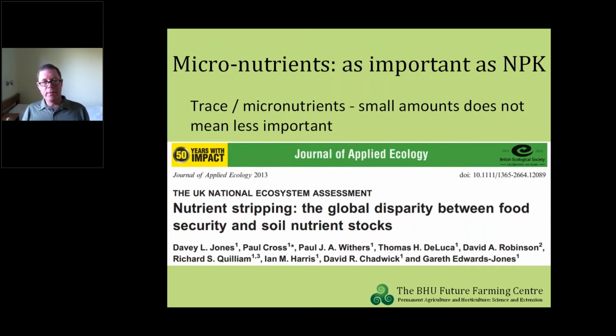And there's this common mistake that because they're needed in small amounts, they're less important. This is completely wrong. They are all essential elements. And if you don't have enough of them, you're either sick or dead, whether you're a plant, an animal, or whatever form of life you are. So it's absolutely vital we're making sure we have our micronutrients at optimum levels as well as our macronutrients.